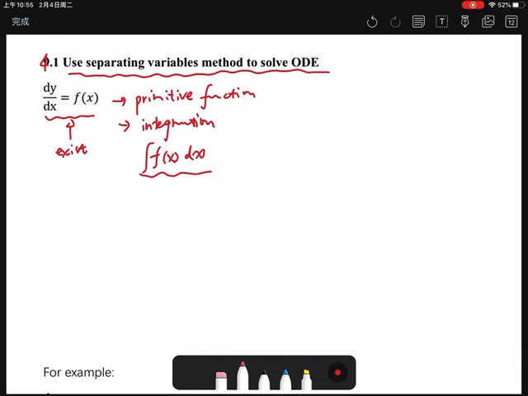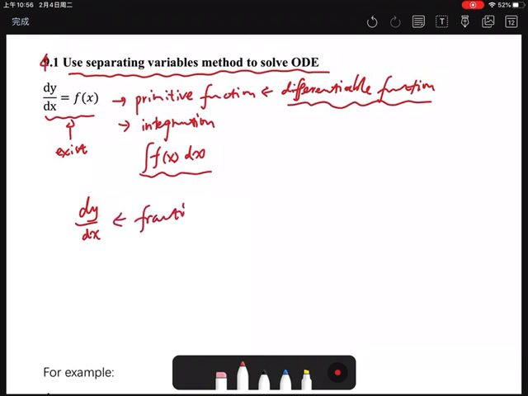It means that the primitive function is a differentiable function. So if it is a differentiable function, and then dy by dx can be regarded as a fraction.